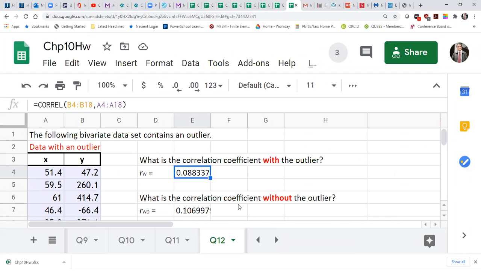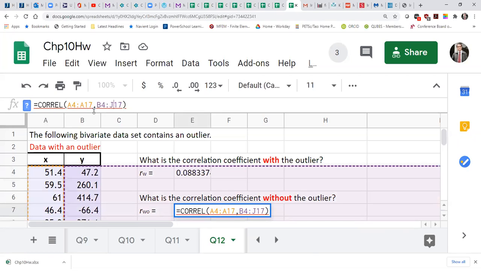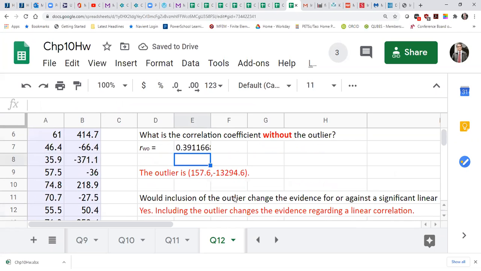And for the one without the outlier, I think you can use the same data here, but you need to change this one to A, right? So put A, this is B, but it doesn't include the last data. Okay, so this is with outlier, this is without outlier.